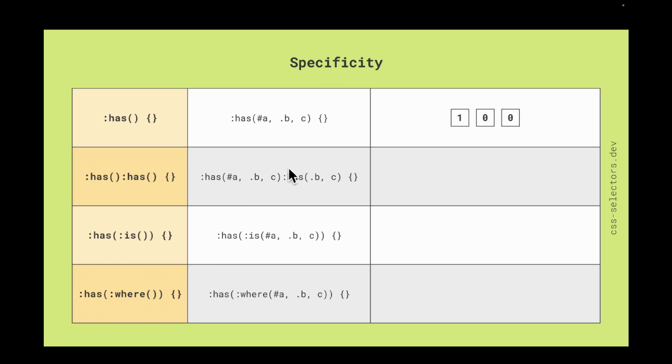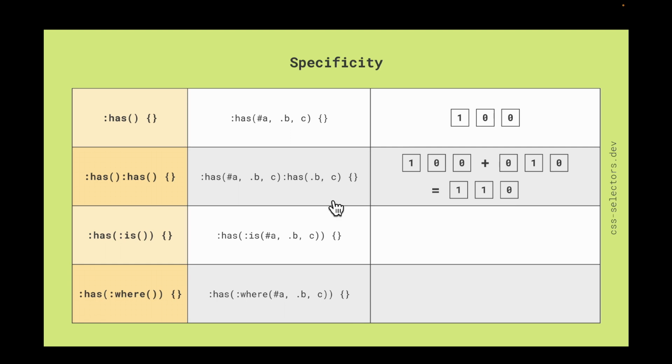Let's take a look at the next example. This time, we are chaining the has pseudo-class with the class, B, and C elements as the arguments. With this AND operation of the selector, what would be the specificity? As we just discussed, the first has pseudo-class will be 1, 0, 0, and the second has pseudo-class is 0, 1, 0. So combining together will be 1, 1, 0.